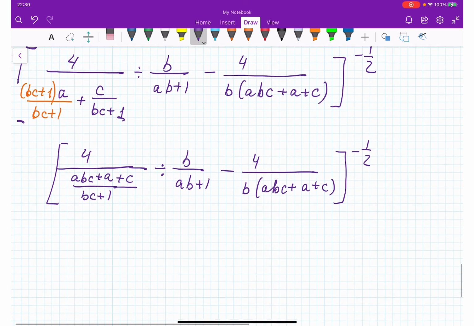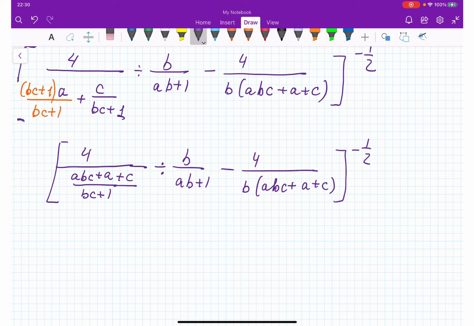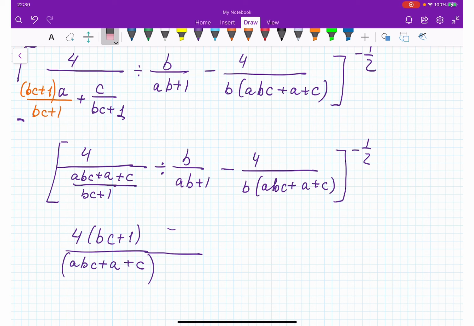Okay, so now we are going to divide this 4 divided by ABC plus A plus C over BC plus 1. And it's going to be 4 times BC plus 1, and here you get ABC plus A plus C. Now I can divide here. I am dividing, which means I have to flip, right?